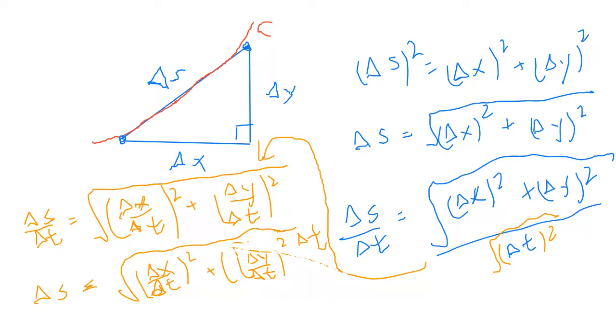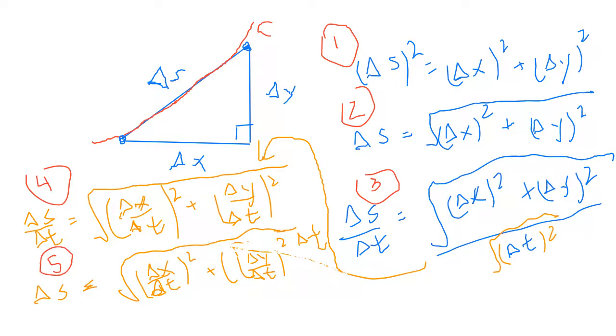Okay, so what I'm doing here is I'm going from step 1, step 2, to step 3, to step 4. And now I'm at step 5. And this would mean then that ds is approximately what?